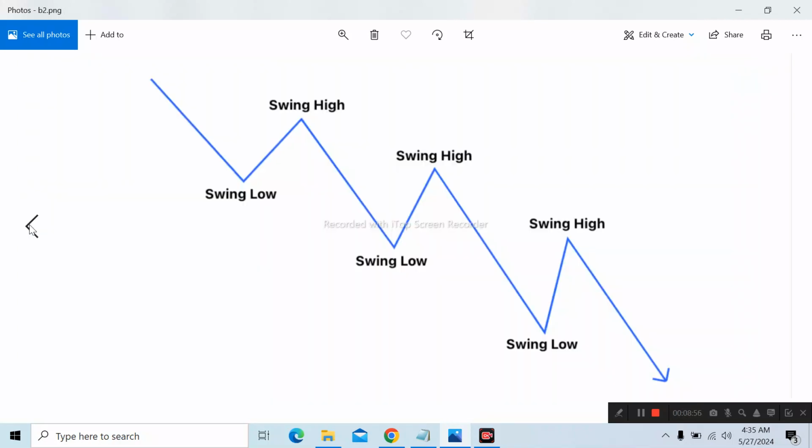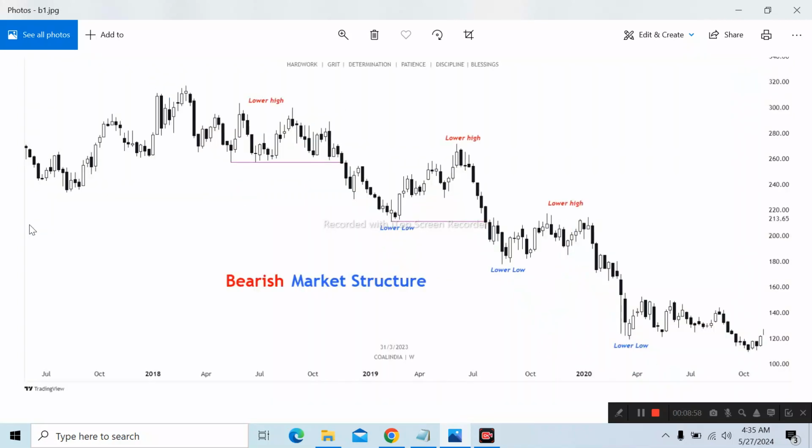Okay, so we are looking at a couple of examples. For a practical example, on your chart you'll be seeing something like this. You'll be seeing a diagram like this, and this is how we see it. This is the lower high. Price has created that lower high, and this is a lower low here.